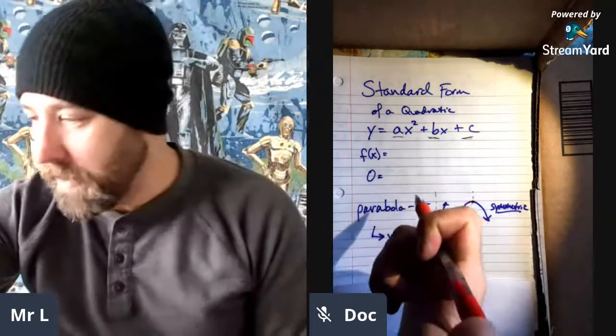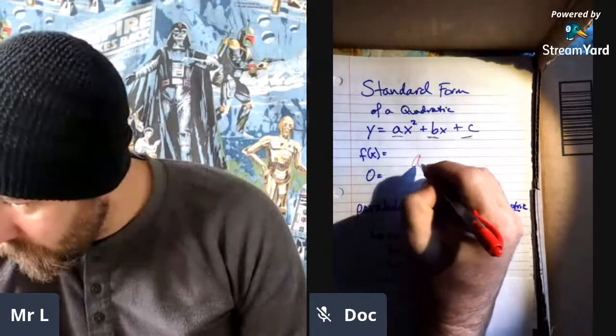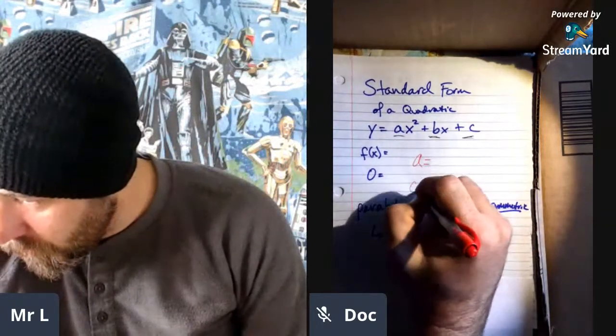A is always the number that is associated with the x squared term, right? It's the coefficient for the x squared term.